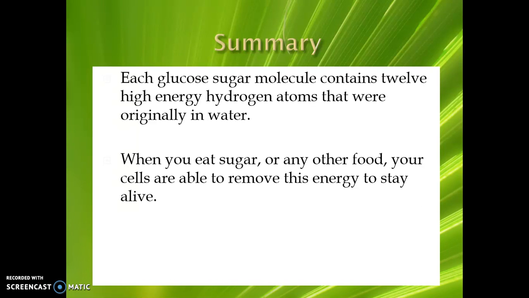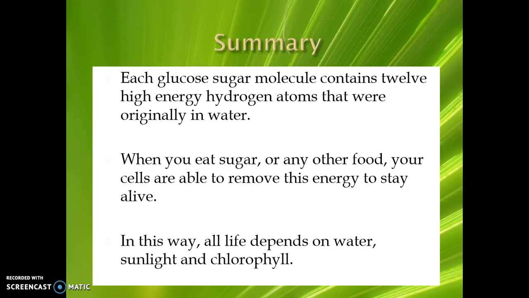So whenever you eat sugar or you eat any food that has glucose stored in it, your cells are able to take that glucose, break it down, and turn it into usable energy. So in that way, all of life depends on water, sunlight, and chlorophyll.